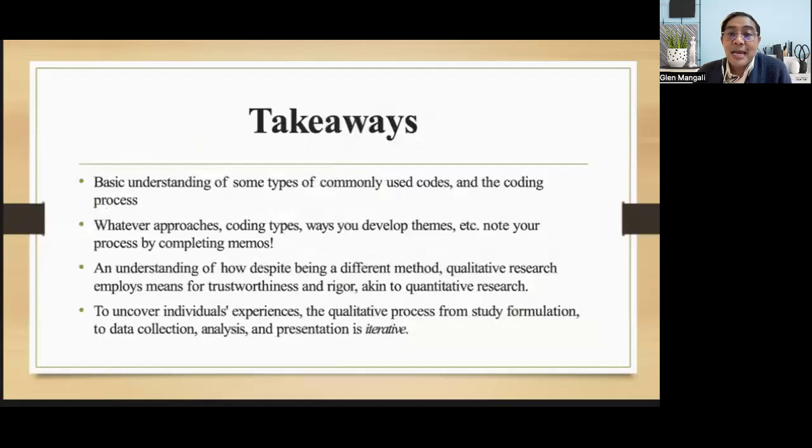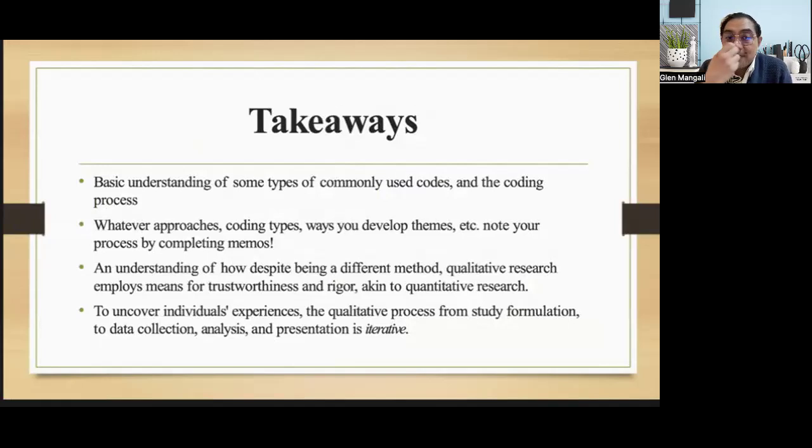That's why I am requiring my students to have memos whenever you're encoding, interviewing, or analyzing the data, because that will help me triangulate the authenticity and trustworthiness of your result.